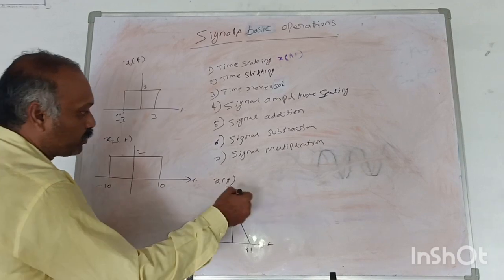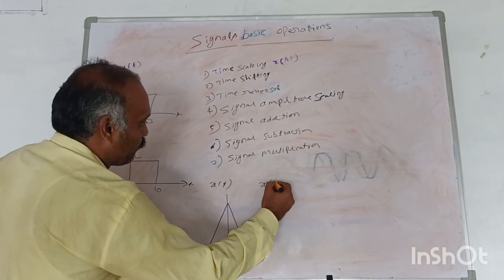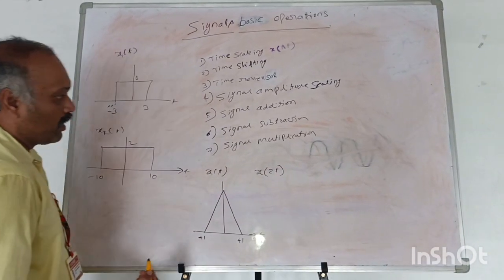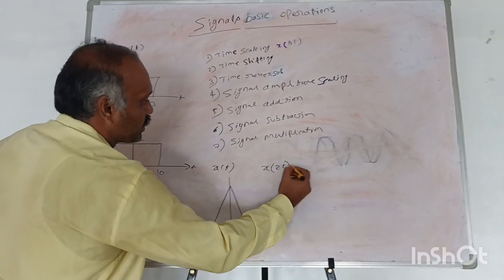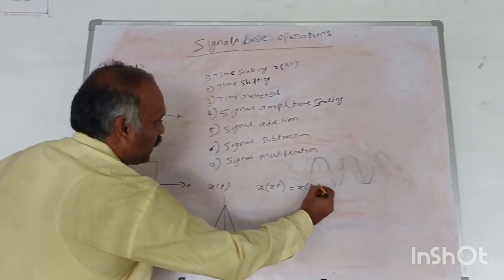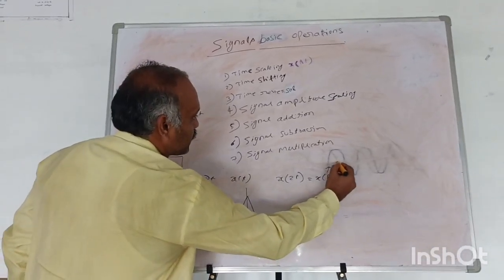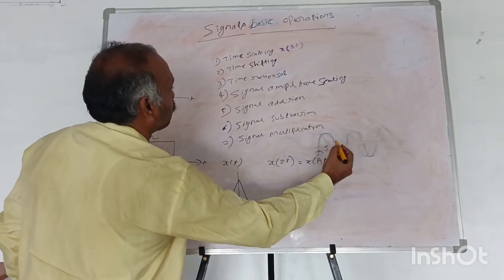Now I want to make it x of 2t. Compared with the normal notation x of a t, here a is called the scaling factor.